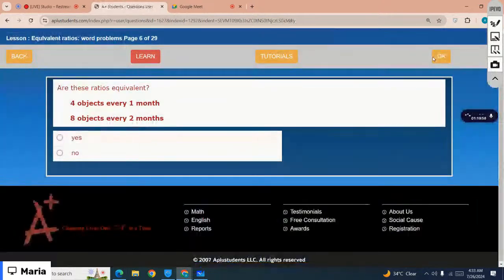The next one is 4 objects every 1 month and 8 objects every 2 months. Are they equivalent?